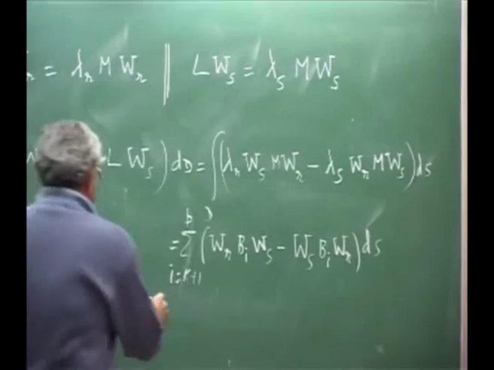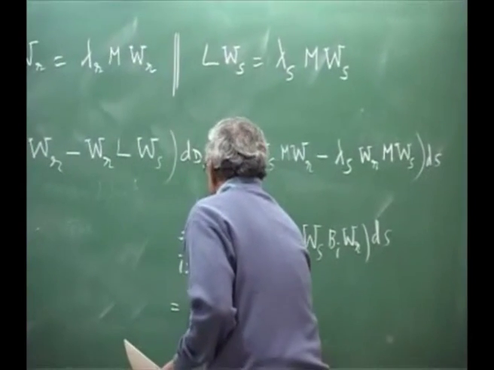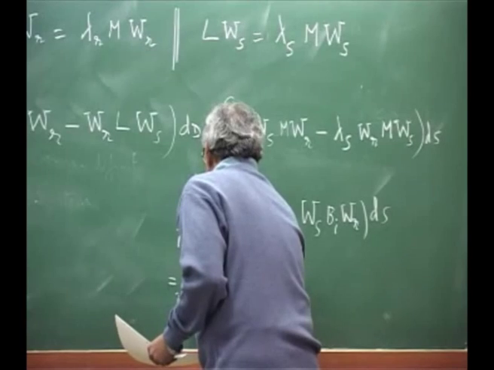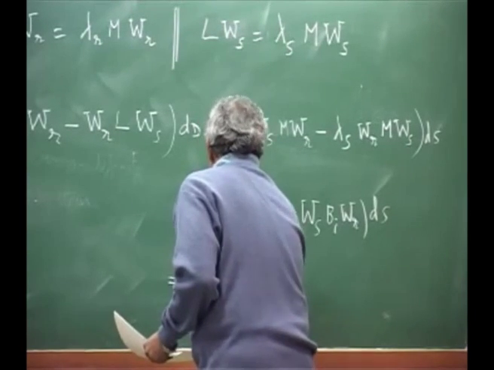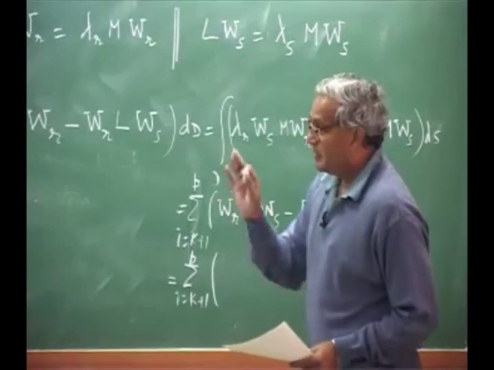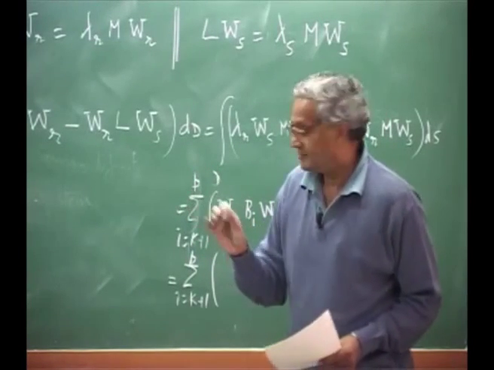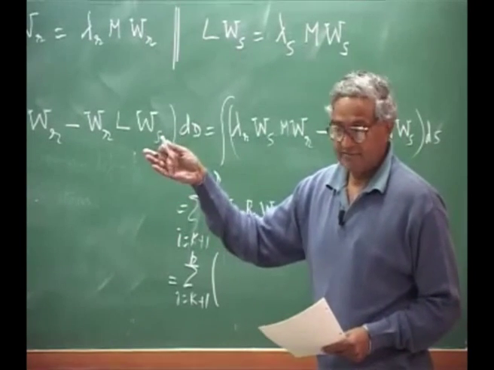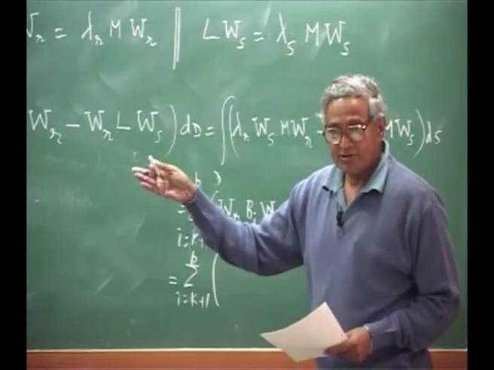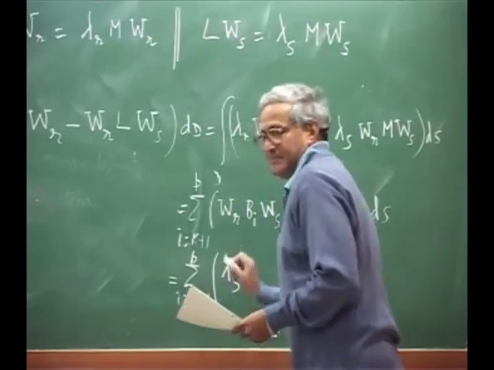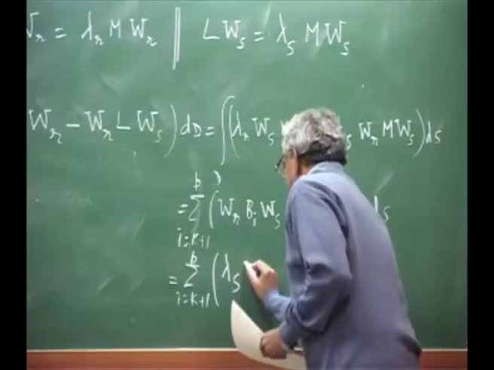That will become, what will be that? This is essentially summation i running from k plus 1 to p. Wr will remain as Wr, because that BiWs should be omega s squared CiWs. Omega s squared I am calling as lambda s. Okay.